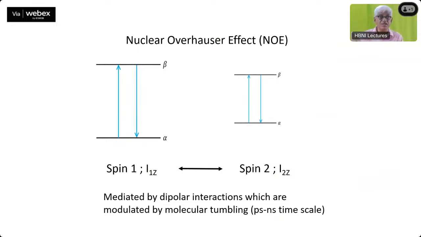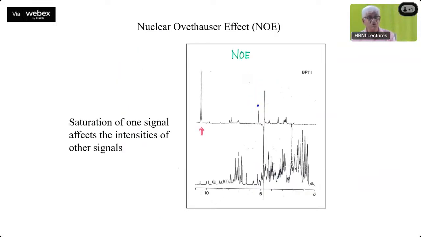Whether you take carbon-13 and proton, you can transfer magnetization from the proton to the carbon-13 via NOE. You saturate the protons, the carbons will get enhanced. So this is what we have seen earlier, and this is exactly what is happening in the NOE. This is mediated by the spin lattice relaxation, the dipolar interaction. Therefore you see the relaxation plays a very crucial role in all of these things.